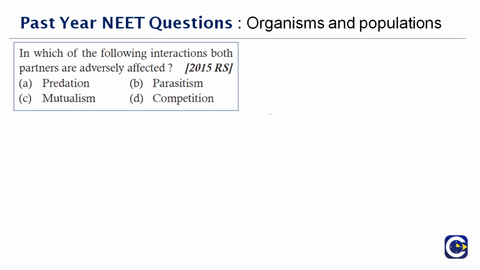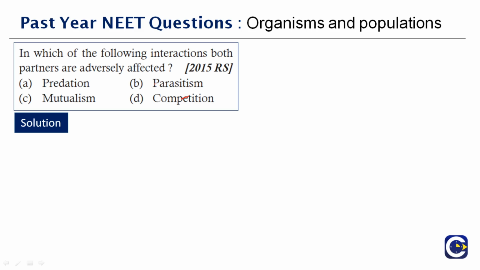Next question here. In which one of the following interactions are both partners adversely affected? We will discuss one by one. Predation is where one will be benefited and one will be harmed. Mutualism, both are benefited. Parasitism is also where one will be benefited and one will be affected. Competition, where both will be affected, because it's a competing factor. When somebody fights, both of them get hurt, right?